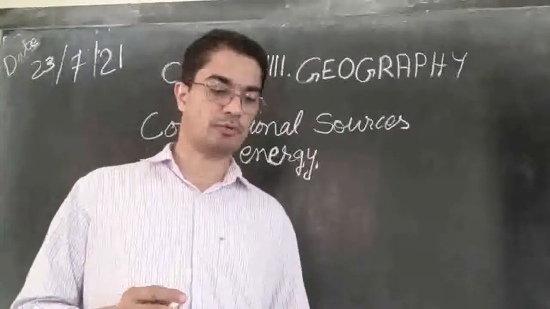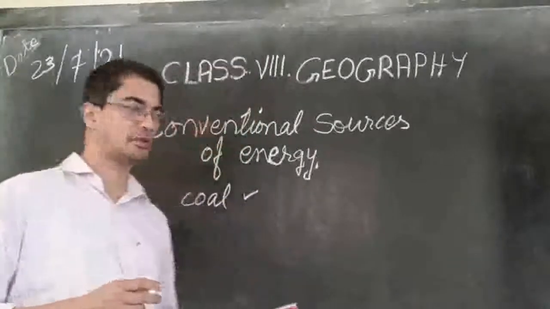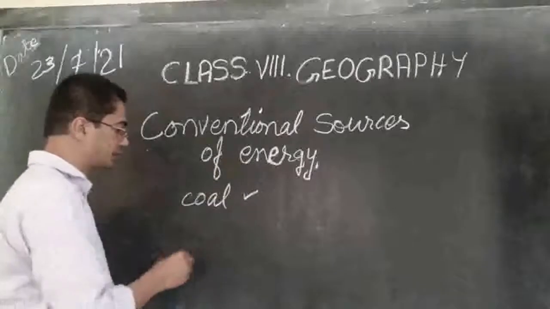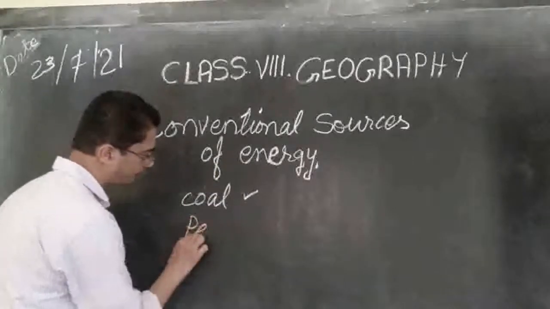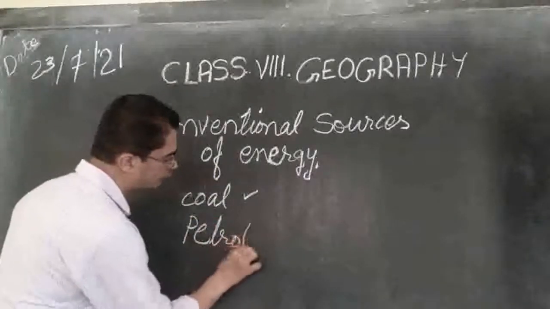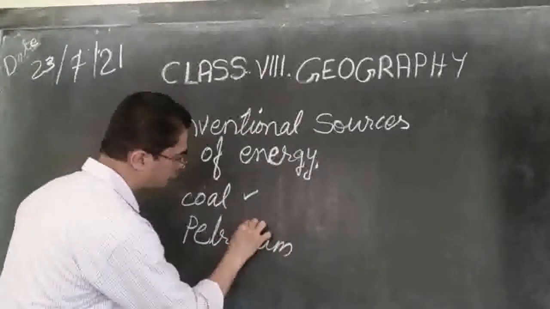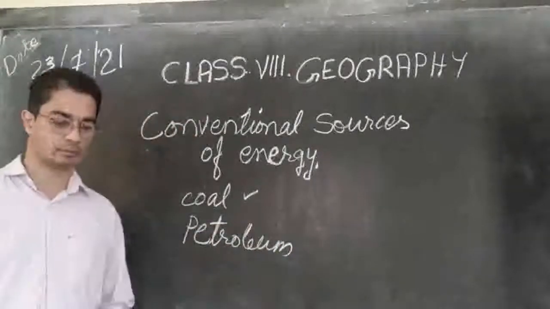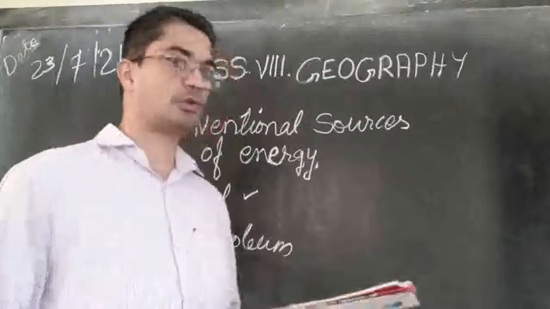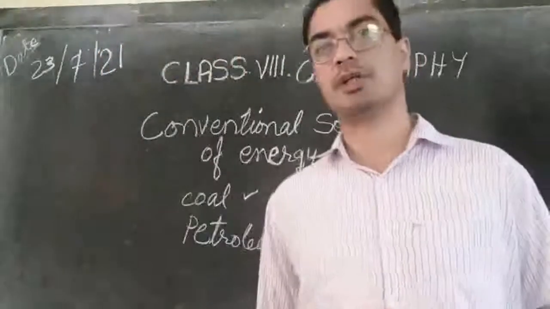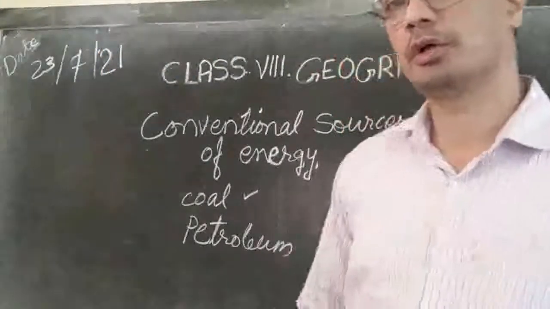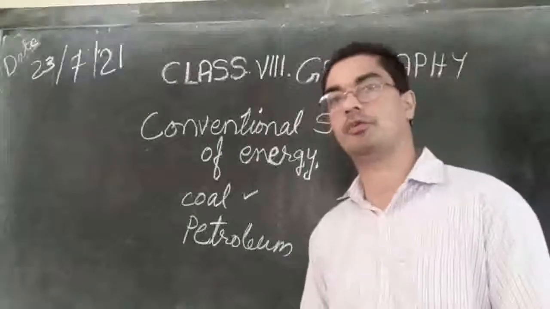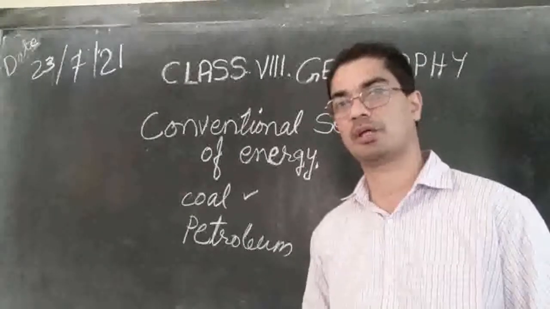Now another type of fuel or another type of conventional source is petroleum. So petroleum products. Petroleum also, we know, is called a fossil fuel. It is also like coal.